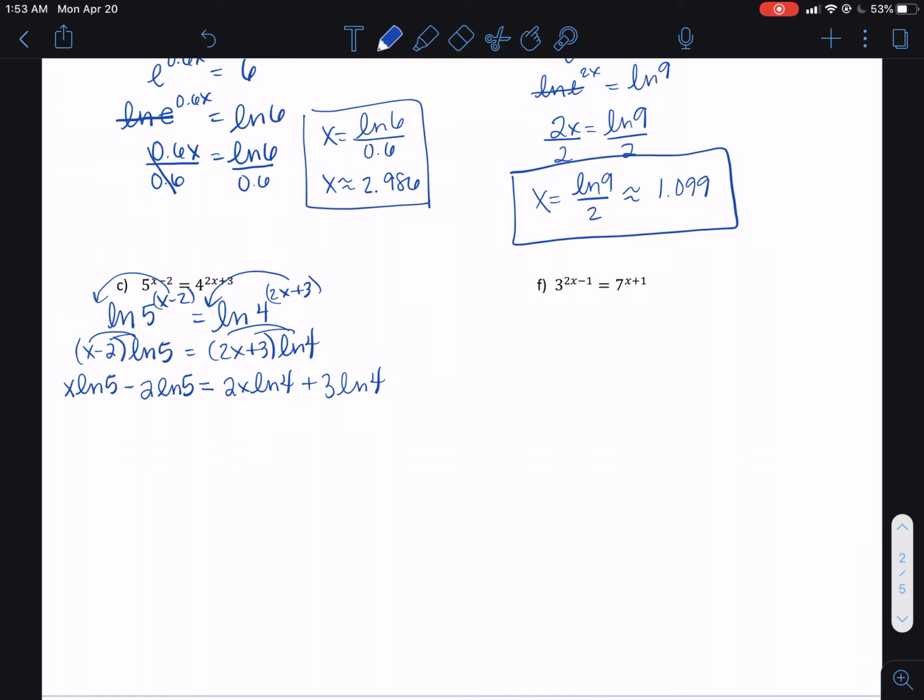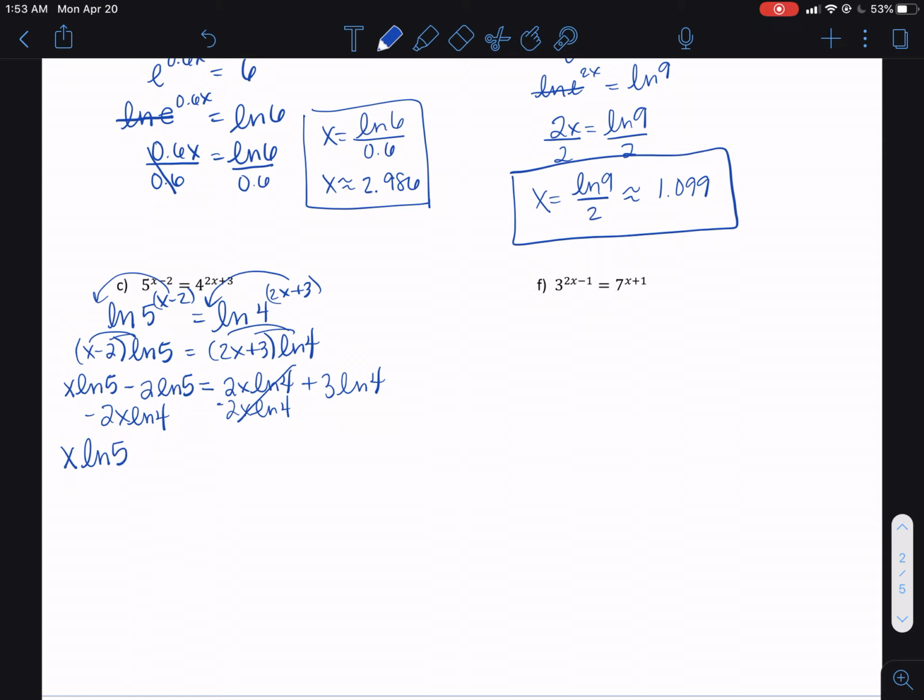Just like any other equation, we want to get our x's to one side and our numbers to the other. So I'm going to subtract our 2x natural log of 4, moving it to the left-hand side of our equation. Now we can't combine these two terms that have the x's because they have different logarithms.